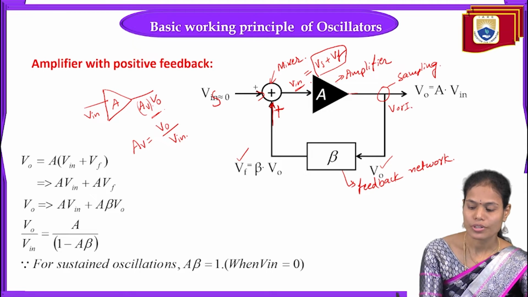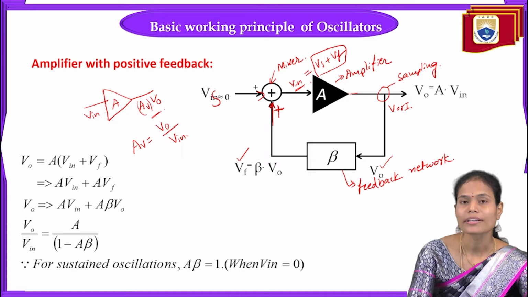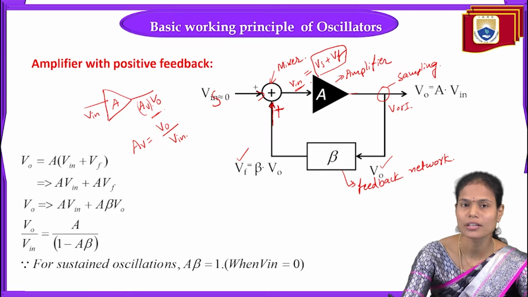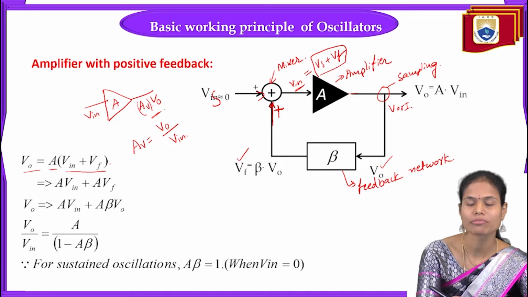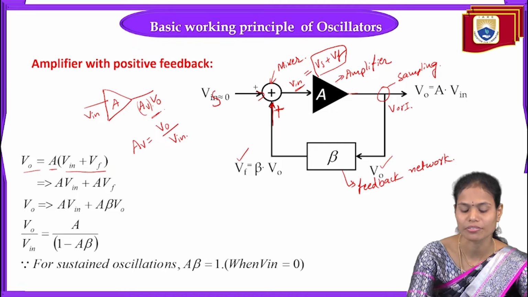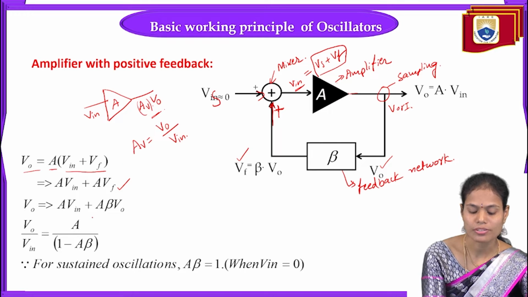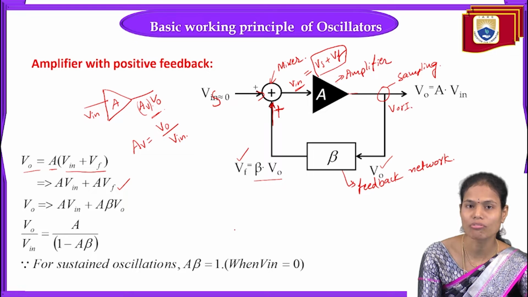Here, if we take the gain considering the feedback, I am writing the output voltage of the feedback amplifier or oscillator circuit: V0 equals gain times the sum of both voltages, Vin plus Vf. Multiplying with gain A, we get V0 equals A Vin plus A Vf. What is the value of Vf here? It is beta V0, which comes from the feedback network.